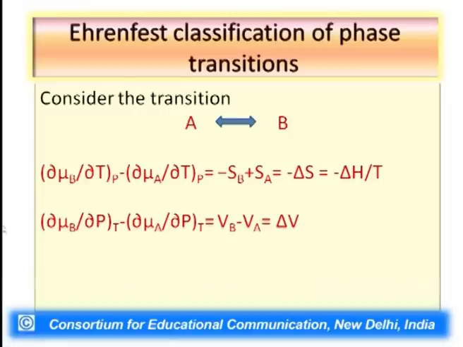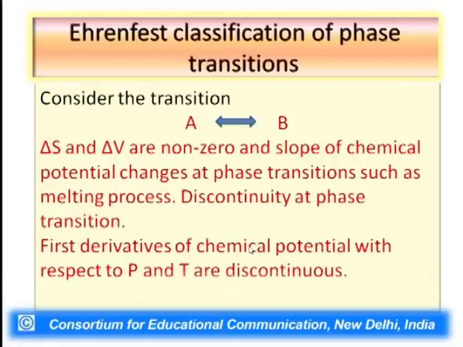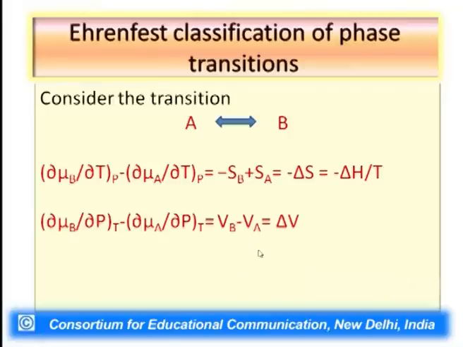Now let us consider the rate of change of chemical potential with pressure at constant temperature. Similarly, we observe the rate of change of chemical potential with pressure for the substance in phase B and also for A. The difference between the two rates is equal to Vb minus Va, where Vb and Va are the molar volumes of the substance in phase B and phase A. We all know that gases occupy greater volume compared to liquids, and liquids generally occupy greater volume compared to a solid phase.